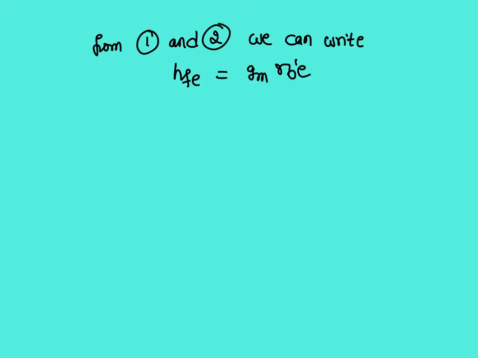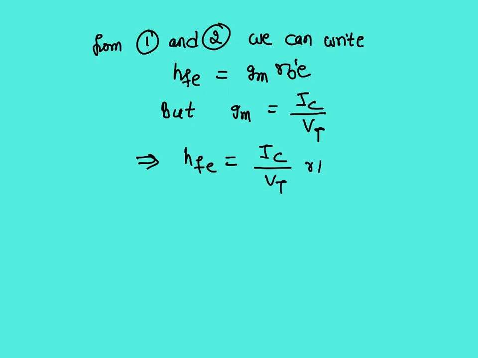So from equation 1 and equation 2 we can write hfe is equal to gm into rb'e, but gm is nothing but IC by VT. This one we have already calculated. So hfe can be written as IC by VT into rb'e.